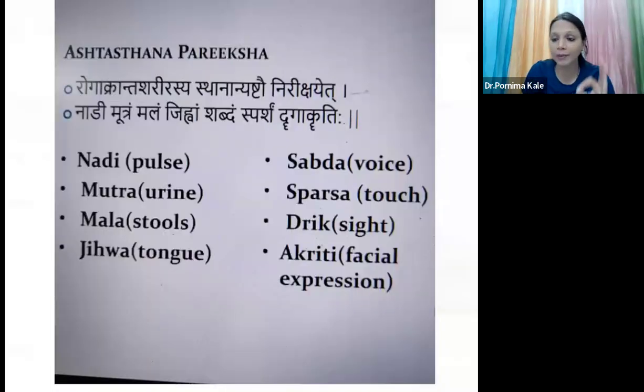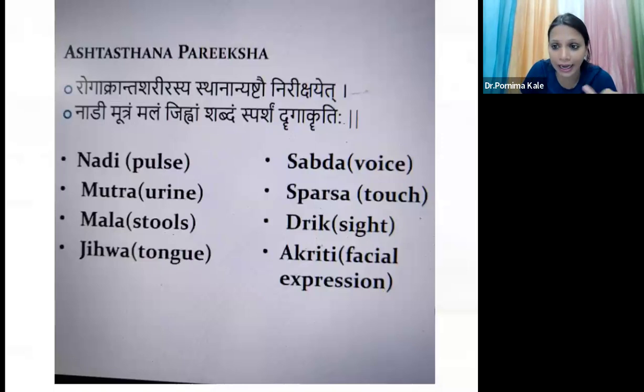Okay, it's done. So in Ayurveda, it is called Ashtavidha Parikshan. There are 8 types of examination which can be done of that patient, to go closer to the diagnosis of that patient. That is called Ashtavidha Pariksha or Ashtasthana Pariksha.